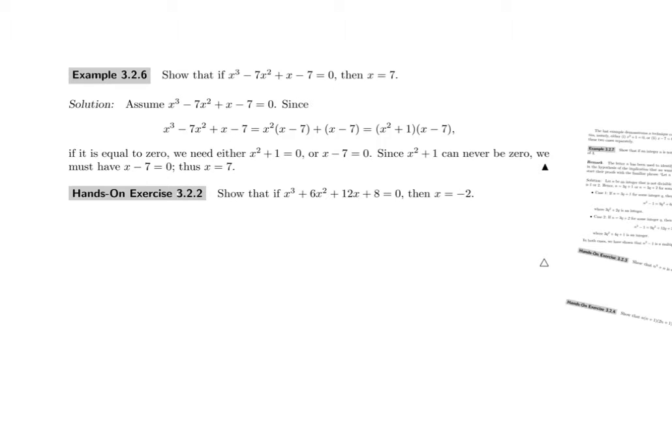And then the argument continues, since x squared plus 1 can never be 0, we must have that x minus 7 equals 0, thus x equals 7.